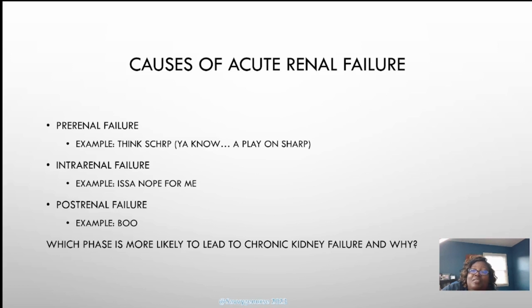Intrarenal failure. I mean, my acronym, I think it's pretty dope, but it's a nope for me. Okay. So we're talking about acute tubular necrosis. Now, I would star this particular one myself. Okay.